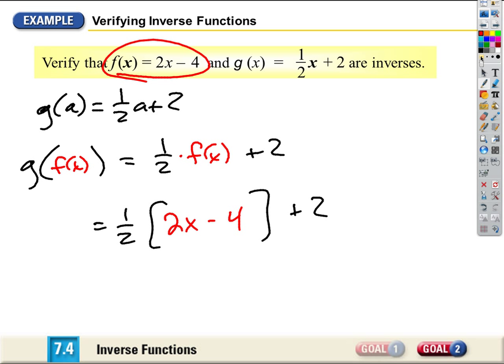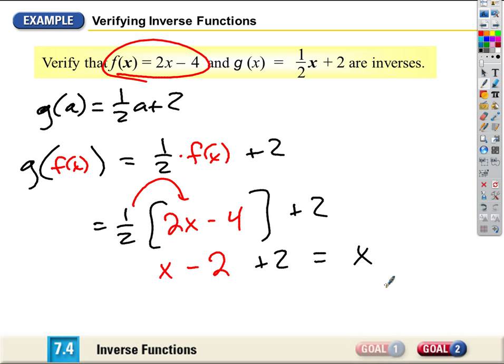Okay, and so if I distribute that 1/2, what am I going to get? 1/2 times 2x is, yeah, just 1/2 times 2 times x. 1/2 times 2 is 1 times x is x, right? 1/2 times 4, yeah, so x minus 2 plus 2, what's that equal to?